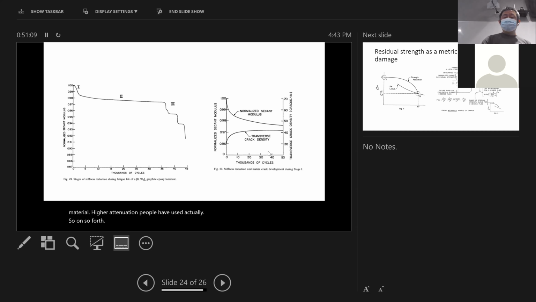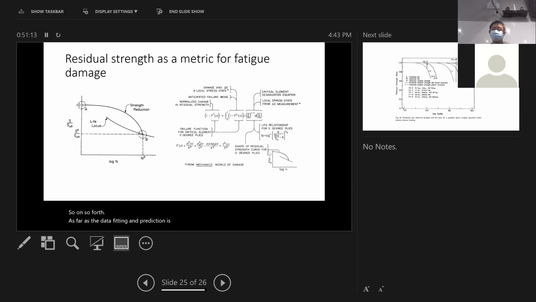As far as the data fitting and the prediction is concerned, Rick Schneider at Virginia Tech has proposed a method he called a sort of residual strength method. So he actually proposed a set of formulas that you can first calibrate with a set of S-N curves.